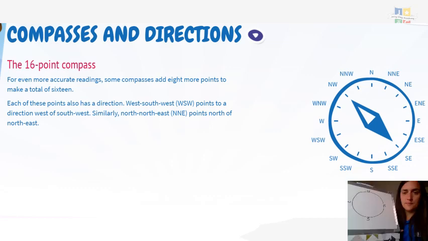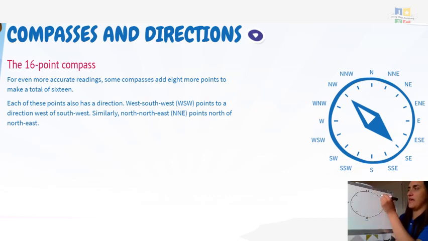Okay, so here is my 4-point compass with the cardinal points. Never eat shredded wheat reminds me that they are north, east, south and west. And then we have added between each of those 4 more points to make a slightly more accurate compass with 8 points.